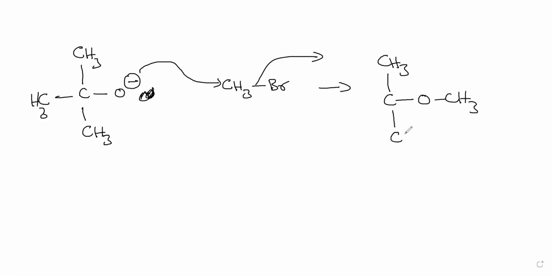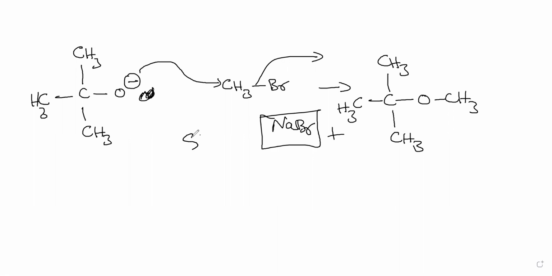Okay. Always remember, Br minus is taken by sodium, so you get NaBr. No problem with this one. Br minus will go, this will hit from backside, and this is SN2 mechanism.